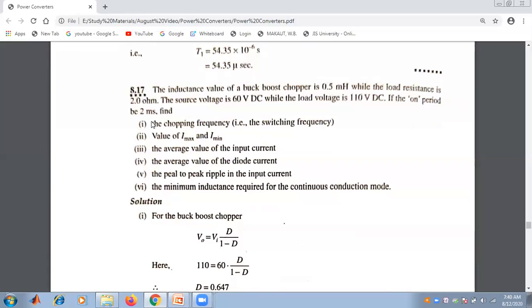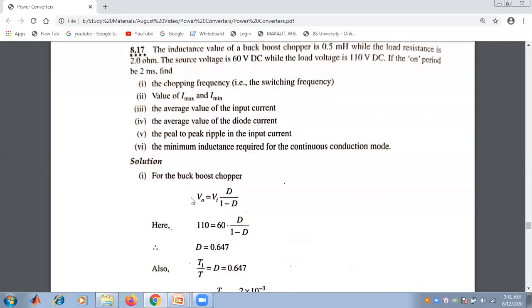If the on period is 2 millisecond, find the chopper frequency, that is the switching frequency, the values of Imax and Imin, the average value of the input current, the average value of the diode current, the peak to peak ripple in the input current, and the minimum inductance required for the continuous conduction mode.